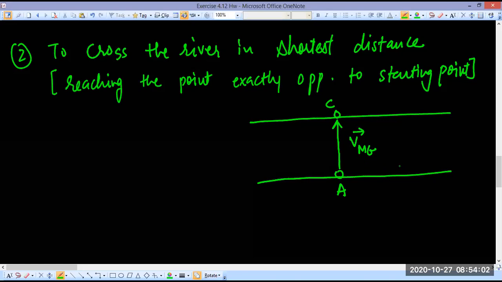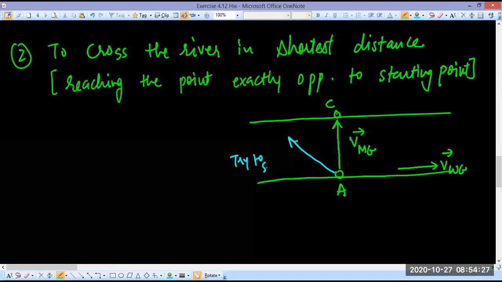When does that happen? When the river, suppose, is still flowing towards this side. Okay, see, this is interesting. So if the river is flowing towards the right side and the person still wants to go from point A to point C, then do you realize that the person should try to swim in this direction?